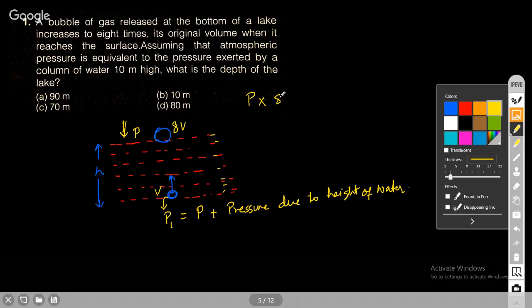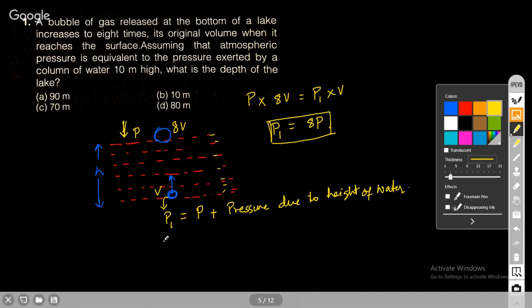So P into V equals P1 into V1, equals P2 into V2. That will be P1 into 8V. So here we get the relation as P1 is equal to 8P, meaning the pressure at the bottom of the lake is 8 times the atmospheric pressure.